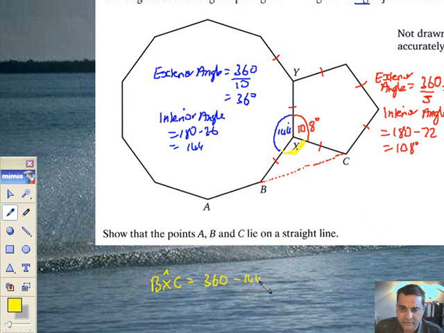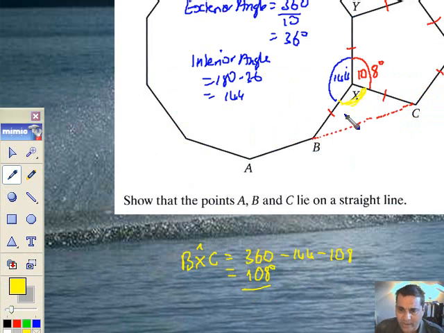Take away the 144, take away the 108, and that will give me something very special, I'm sure. So 360 take away 144, take away 108, comes to 108. Wonderful. Okay, 108 degrees, mysteriously enough. So angle BXC is 108.